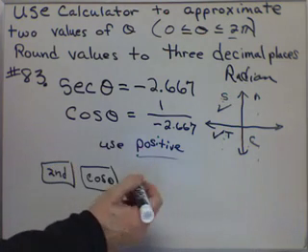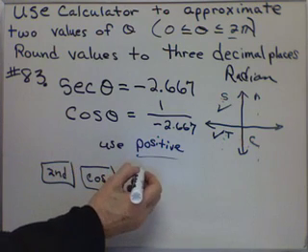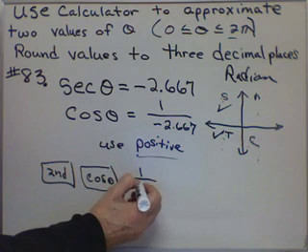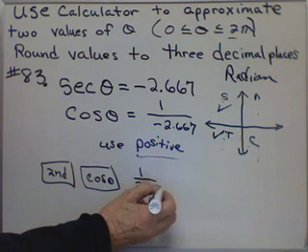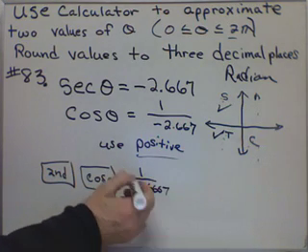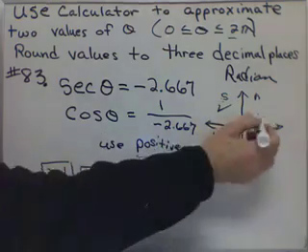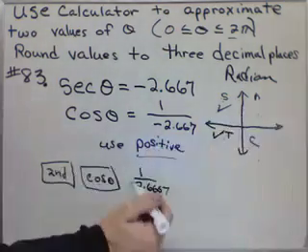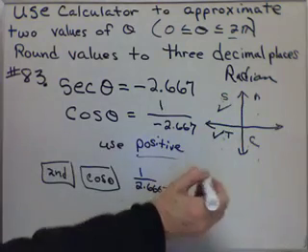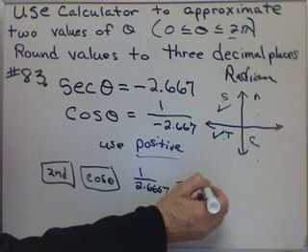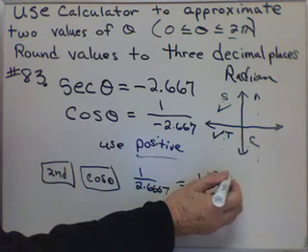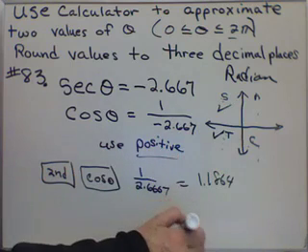And then you're going to type in 1 over 2.6667. We're going to use positive here because we're going to get what the angle is if it was in the first quadrant first off. And when you do that, you should come up with 1.1864. So type that in and check.